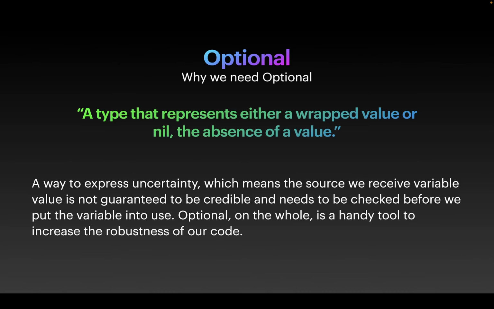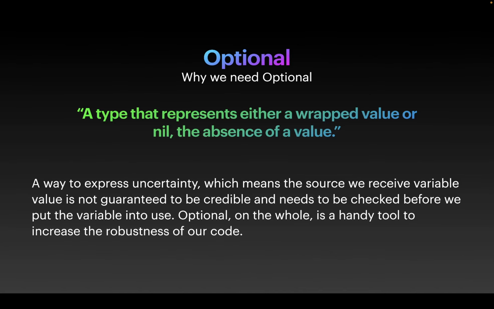That kind of data, we need to check before we actually use it, because it might contain nothing. In C++, if you got a null pointer, you cannot use that, right? You have to do some additional error checking. And optional is a better choice over the null pointer in C++ and None in Python.